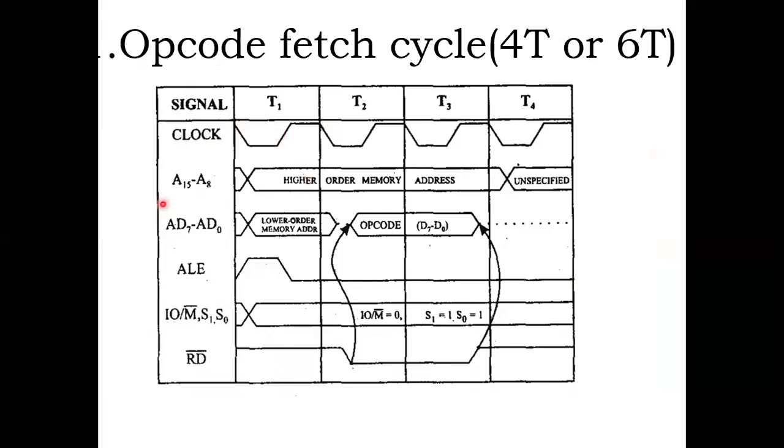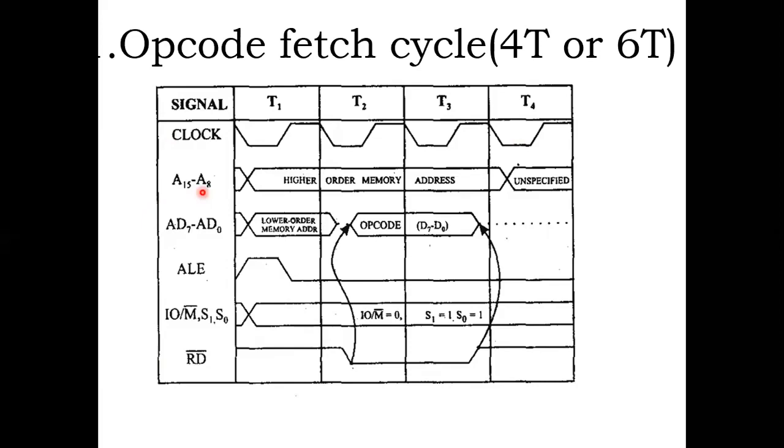So this is the general format to describe the timing cycle, that is the timing diagram. First you have to write the clock. Already we know that if you are using 12 T states, you have to use 12 clock pulses. Then the higher order address.